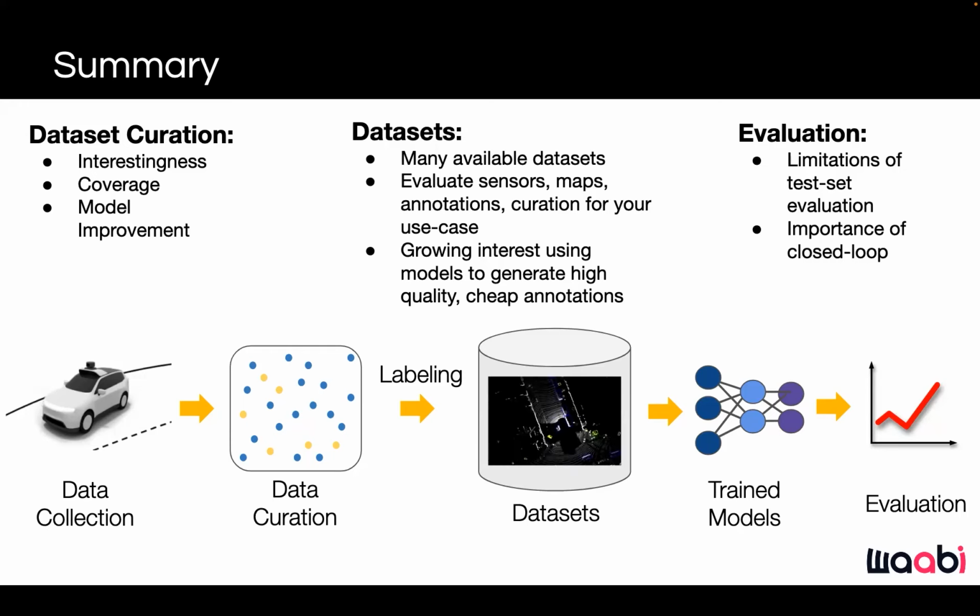One more? Okay. I'm curious how you think about balancing, how you weigh interestingness, coverage, and model performance for your labeling budget. Oh, fantastic question. I don't think anybody has the magic algorithm to do that.